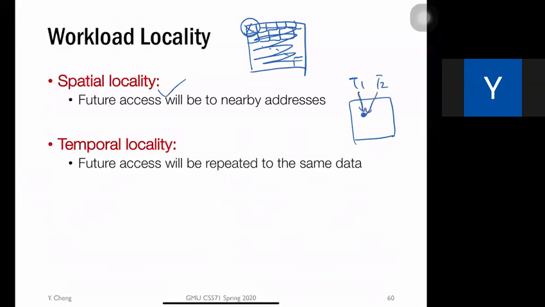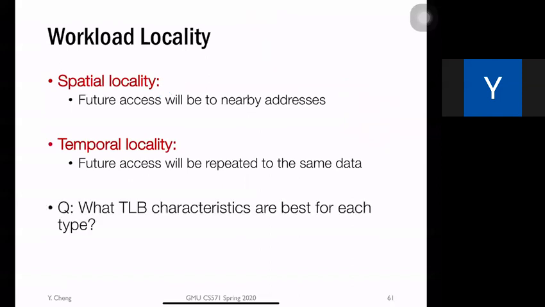So this is typical temporal locality. Future access will always be repeated to the same data that has been previously accessed. Okay, so the question is, what TLB characteristics are best suited for each of these two different locality properties?